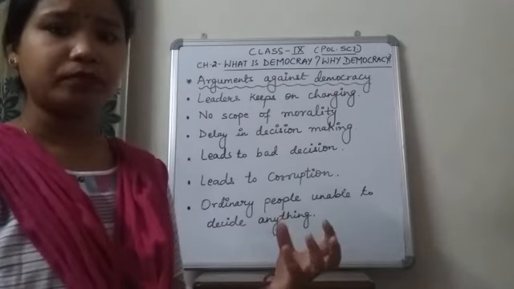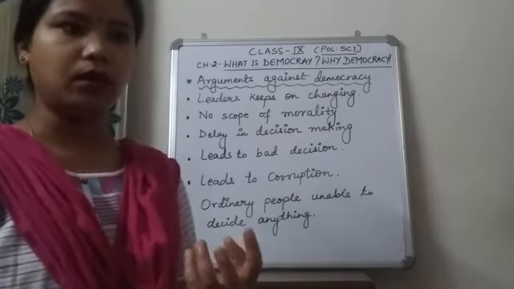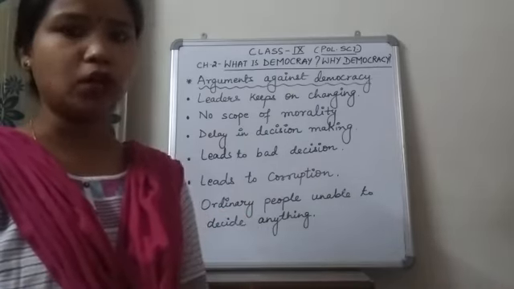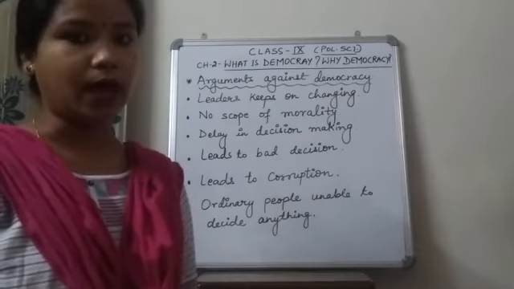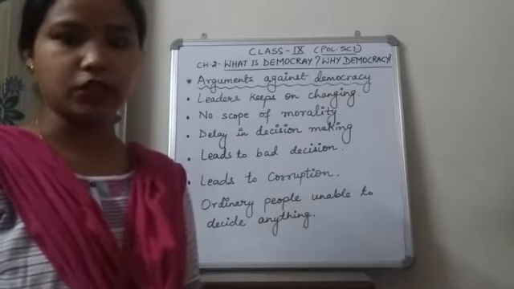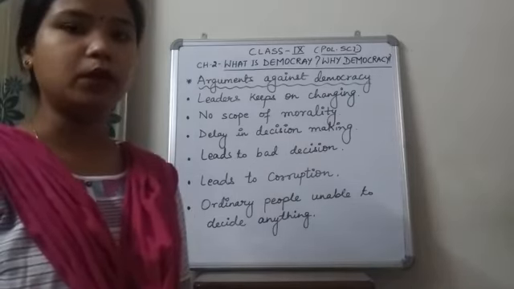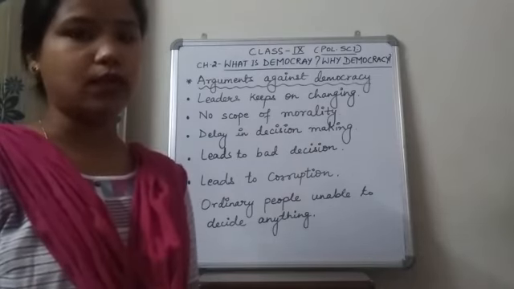When the existing government introduces some policies and programs for the betterment of the country, it means that when the next party wins the election, that government will not be able to continue that policy and program. They will introduce their own policy and program.